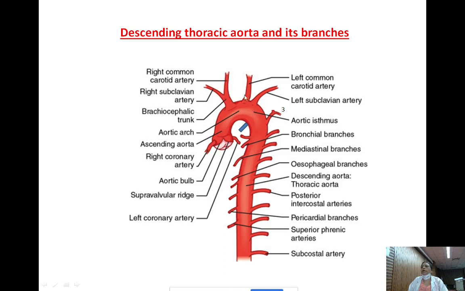The right common carotid and the left common carotid ascend upwards into the neck by the side of the trachea, and the left subclavian artery comes to the upper limb and becomes the axillary artery later on. The brachiocephalic trunk on the right side gives the right common carotid and the right subclavian artery. Okay, so these are the branches.